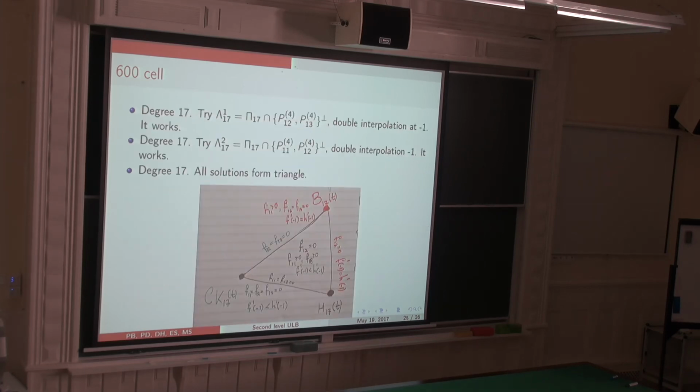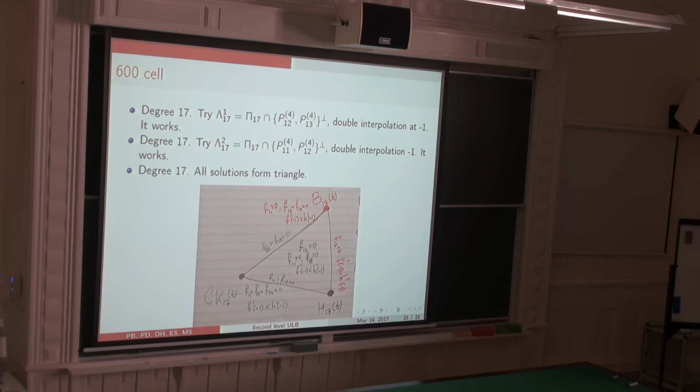The next step. Well, the next step is degree 17, and Cohn and Kumar considered a polynomial that's how they proved the universal optimality. They considered a polynomial of degree 17 that had the 11th, 12th, and 13th Gegenbauer coefficient 0.